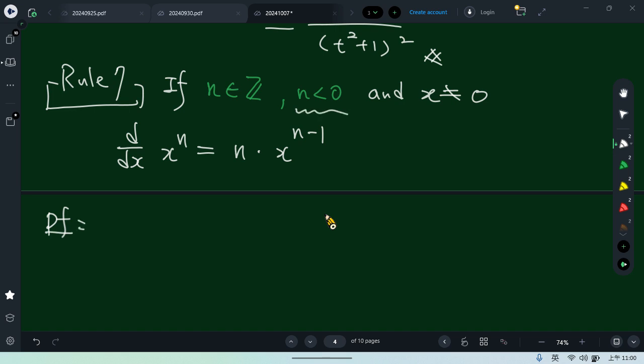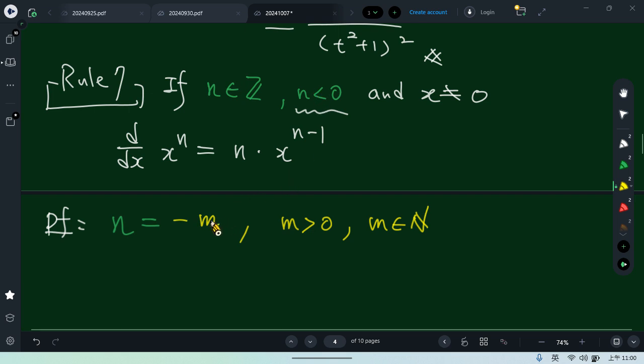here n is negative, right? n is negative. So n here we can just replace with minus m. Here m will be positive and m is an integer, right? Because it's negative, I simply move the negative sign here, then keep m as a positive integer.